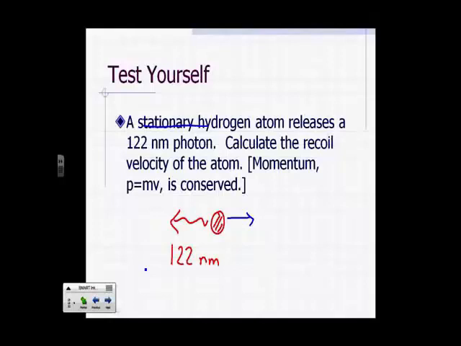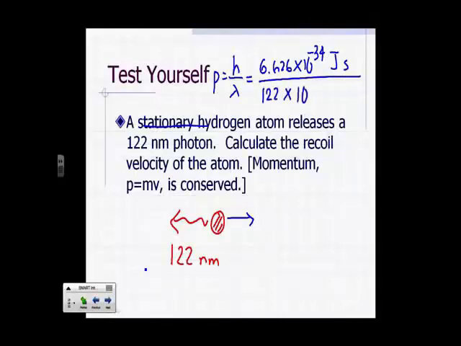So how are we going to do this? What's the momentum of the photon? h over lambda. Yes, momentum of the photon is h over lambda. h is 6.626 times 10 to the negative 34 joule seconds. What's the wavelength of the photon? 122 times 10 to the negative 9 meters.